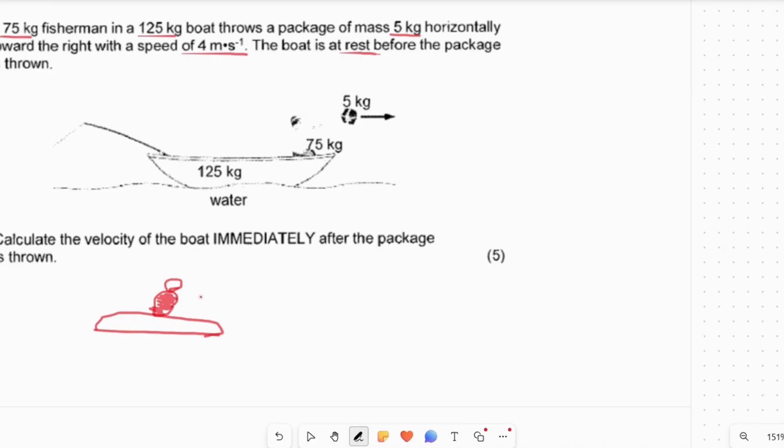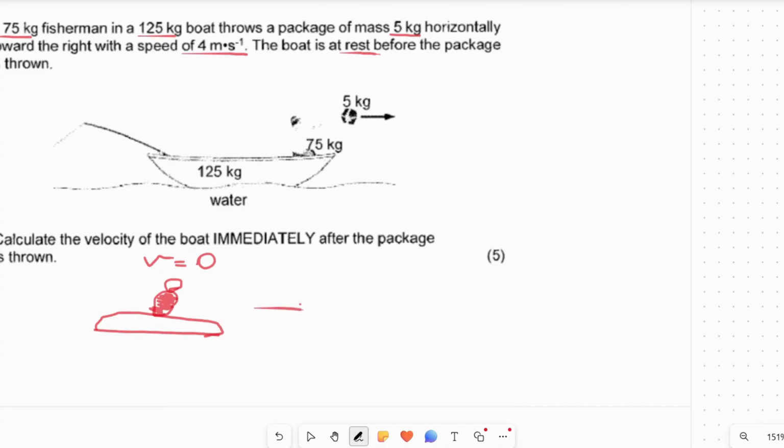So before anything happened, they exist as one system, and because they're at rest, we are saying their initial velocity was 0. So what is this? It's the boat, it's the fisherman, then it's a package that was thrown away. We don't know what type of package that was. So this is before the throw.